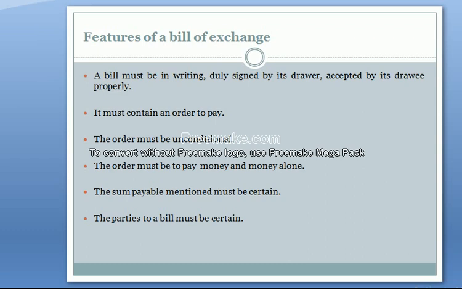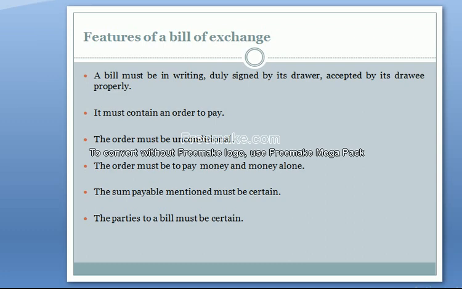So the bill of exchange also has some more features. It is drawn on a specific person by name, i.e. the drawee, to pay a specific amount. Similarly, the bill of exchange contains an unconditional order, just like the promissory note.